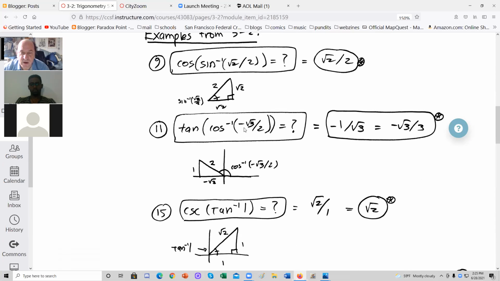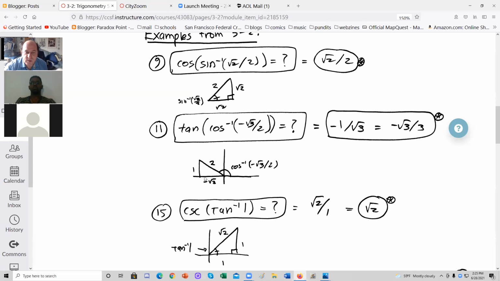Tangent of arc cosine of negative root 3 over 2. Okay, a negative is coming up here, so they're making things deliberately difficult. Okay, fine. So we'll draw a triangle in the plane, no longer just an acute triangle, where the x value is minus root 3, and the distance out r is 2.